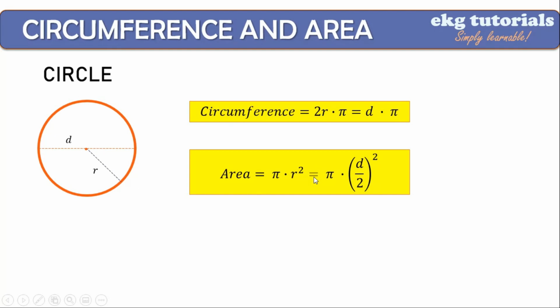Kaya naman dito, instead na r squared, pwede mong palitan d divided by 2 squared. Meaning half ng diameter, which is still equal to the radius. Okay? Yun yung square natin dito. So, this is the formula for the area of a circle.